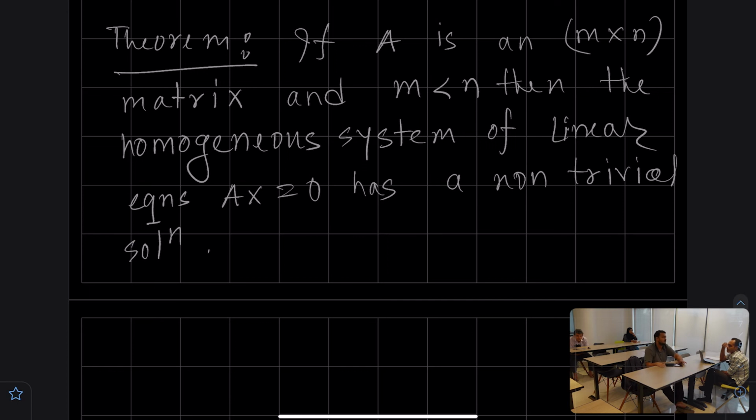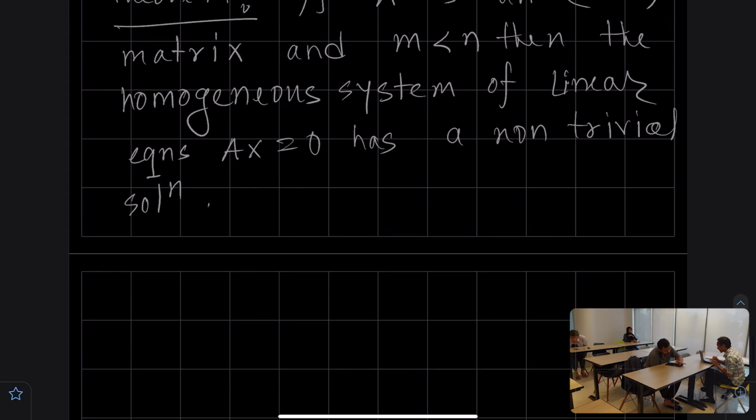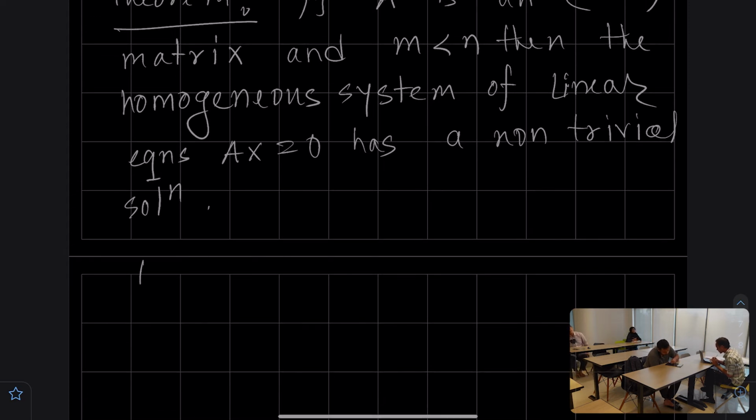Since A is row equivalent to a row reduced echelon matrix, I am considering that row reduced echelon matrix to be R. Okay. So Rx equal to 0.